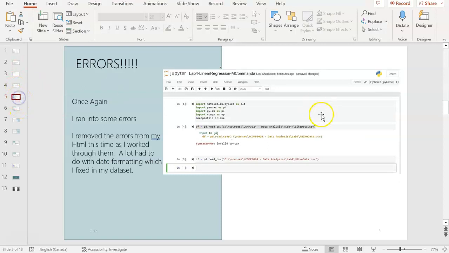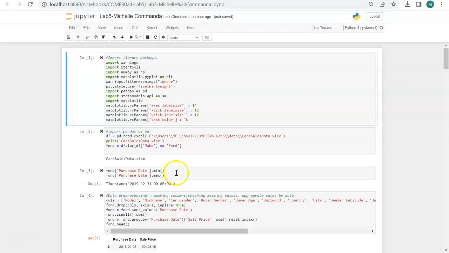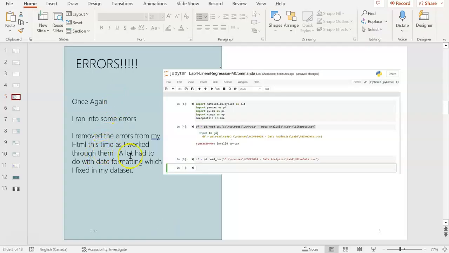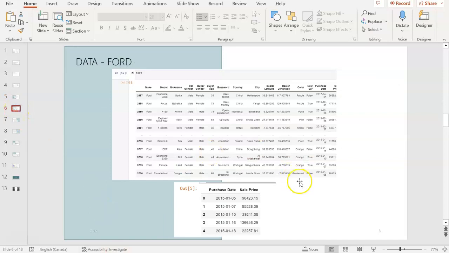Okay, so moving on. Again, I did run into errors. I removed the errors from my HTML this time, like I just showed you. I had an errors file, and then I had a clean run-through. I found that a lot of the errors had to do with the date formatting in the data set. For this lab, I used the Ford model to get my data.